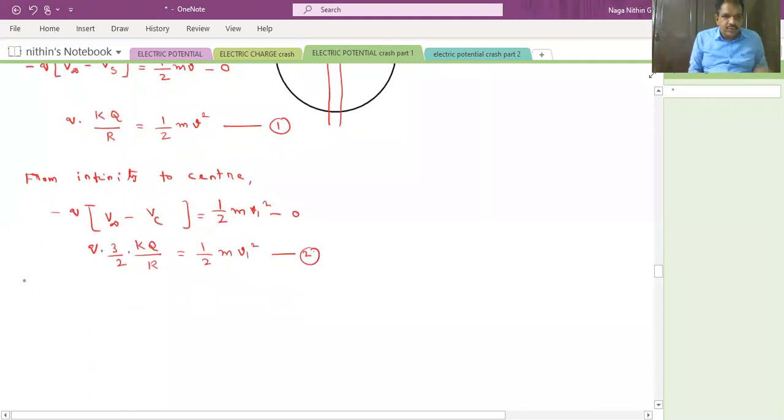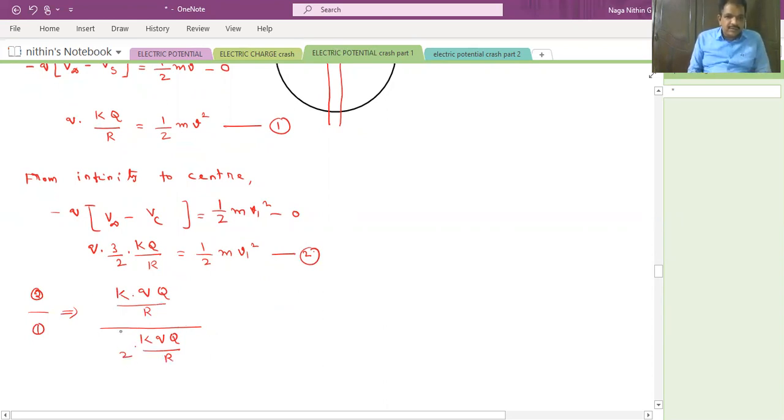You divide 2 by 1. No, we wrote wrong, reverse, we are doing 2 by 1.